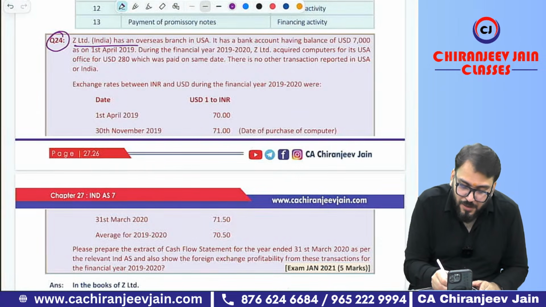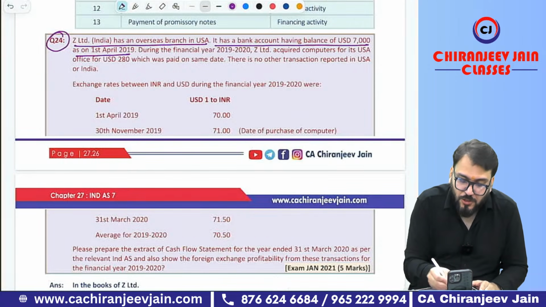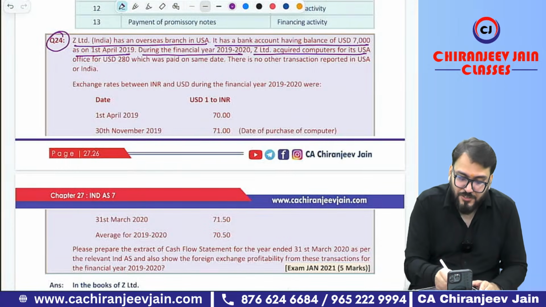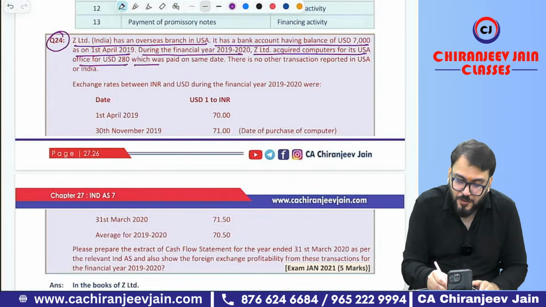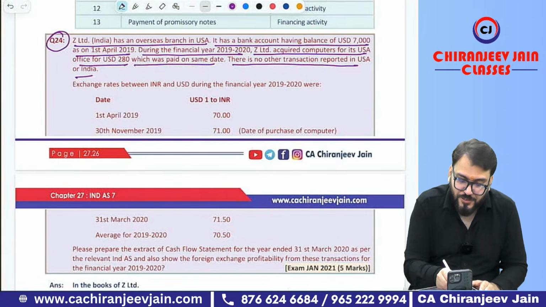Jet Limited in India has an overseas branch in USA. It has a bank account having a balance of US $7,000 on 1st April 2019. During the financial year 2019-20, Jet Limited acquired a computer for its USA office for $280, which was paid on the same date. There was no other transaction reported in USA.